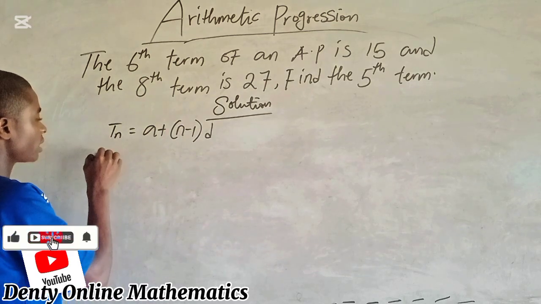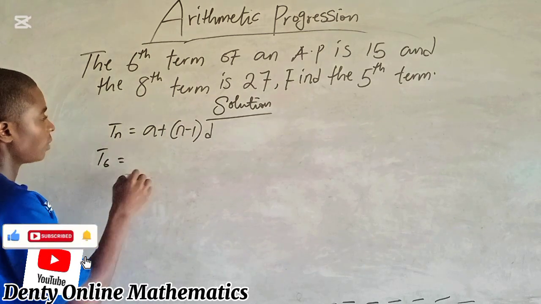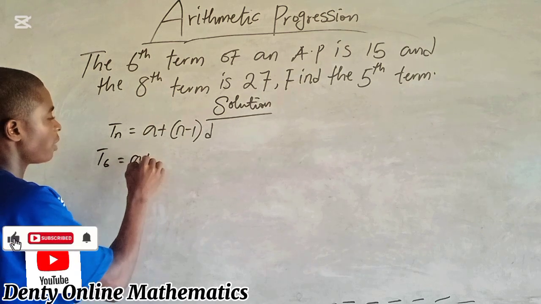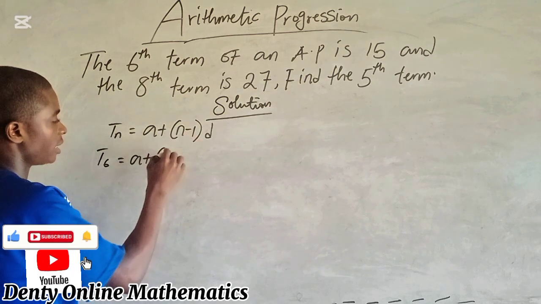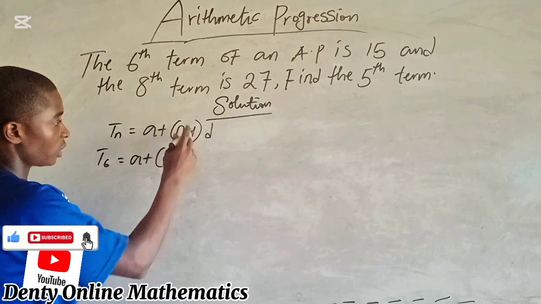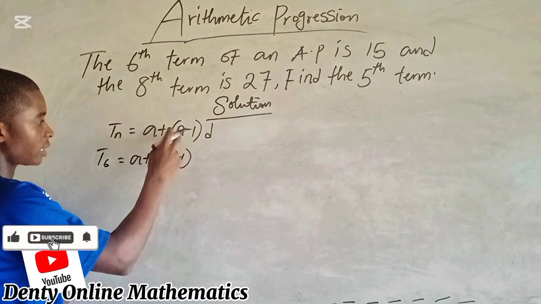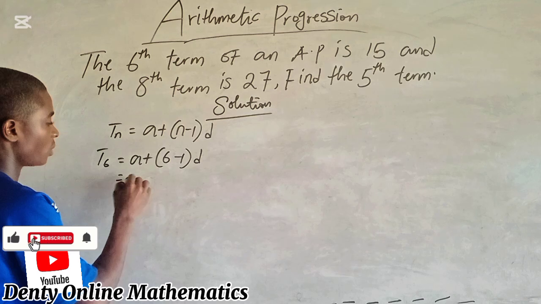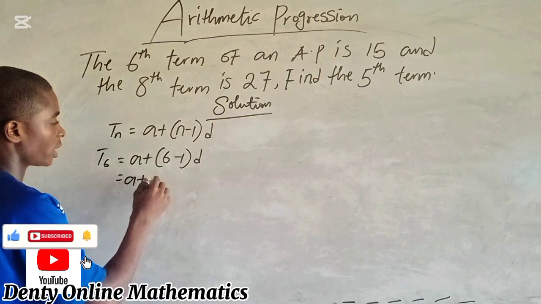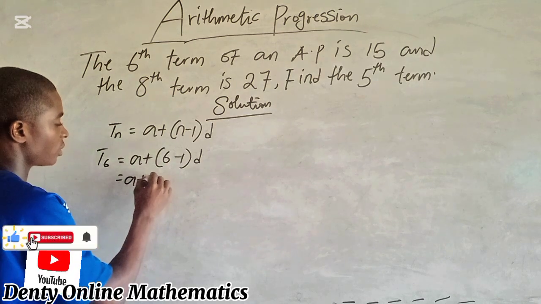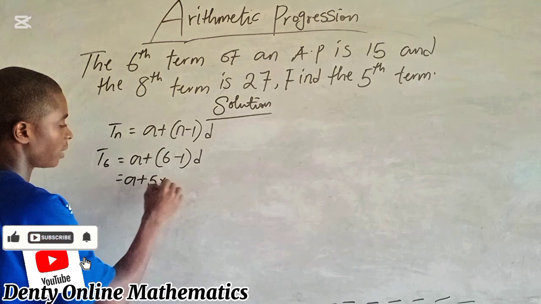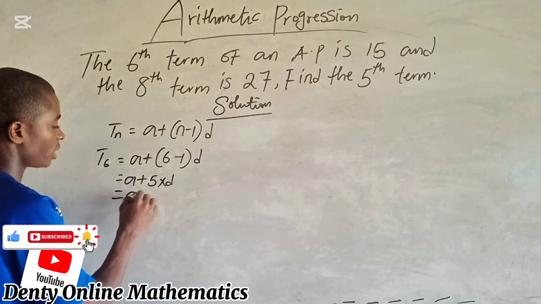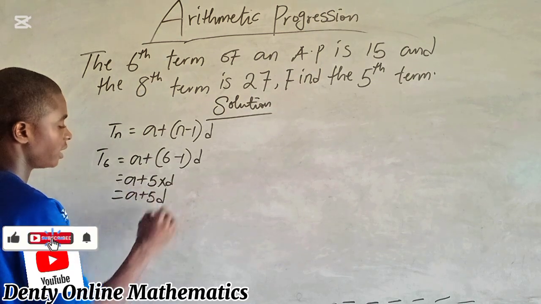So for the sixth term, T6, n is 6 because you're looking for the sixth term. This will be equal to a plus (6 minus 1), which is 5, multiplied by d. This will give us a plus 5d.